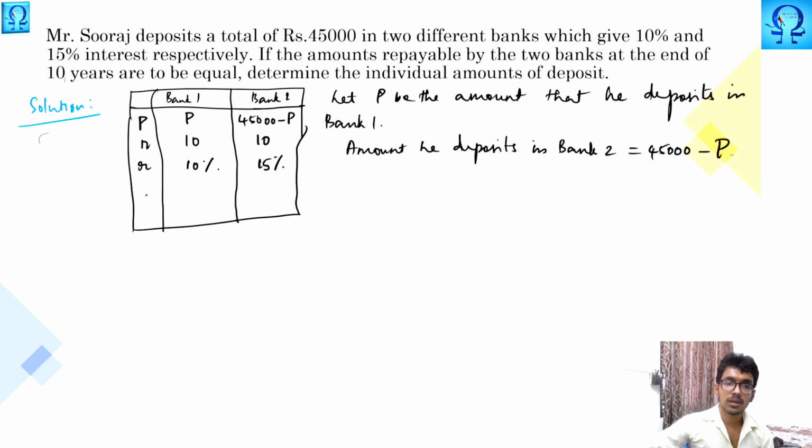Right? Okay. Suppose we take the total amounts that he gets from these two banks as A1 and A2. What is the extra information given?